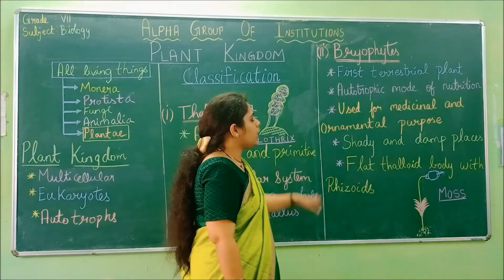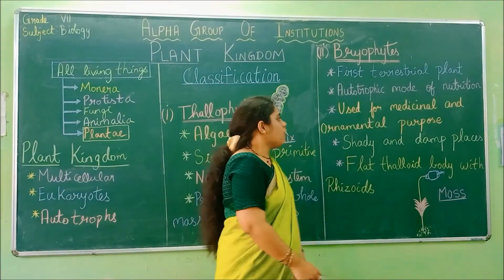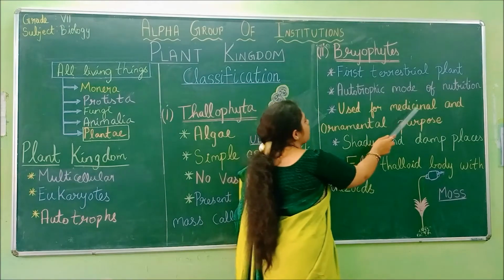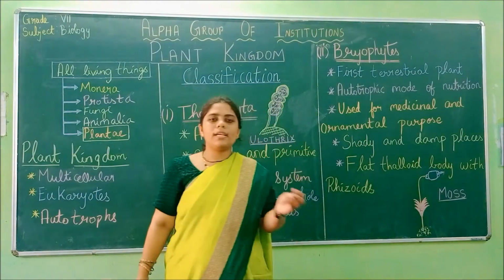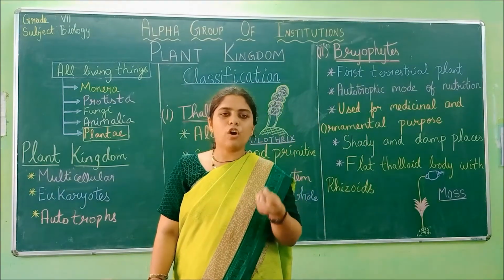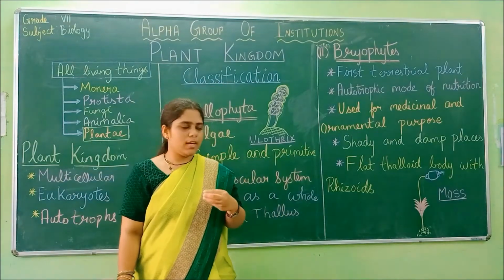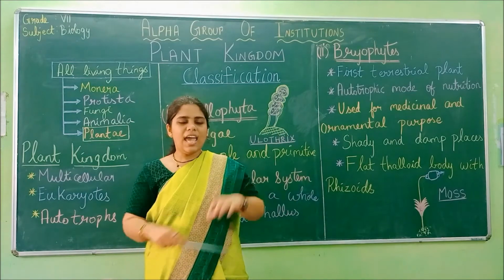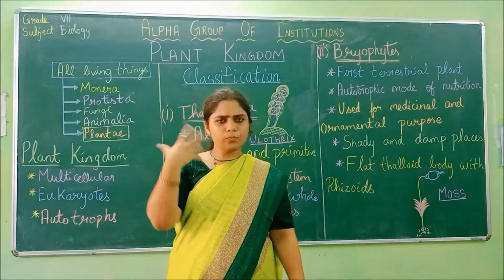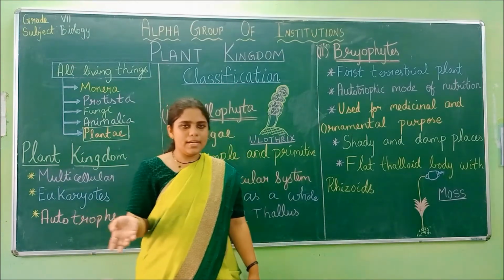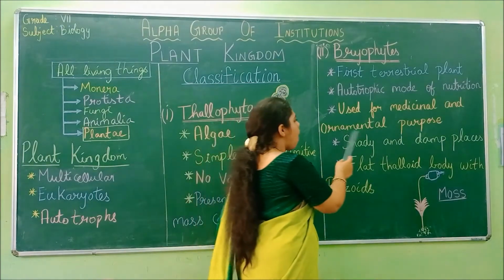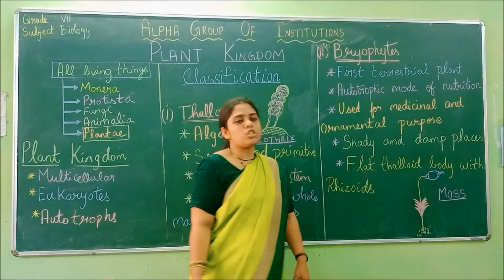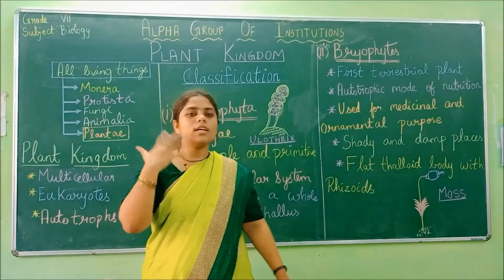And third is the uses of bryophytes. First, they are used for medicinal purposes. Medicinal purpose means for medicines. They will take the plant, extract the chemical and use it for medicinal purposes and ornamental purposes. Ornamental means for decorating.